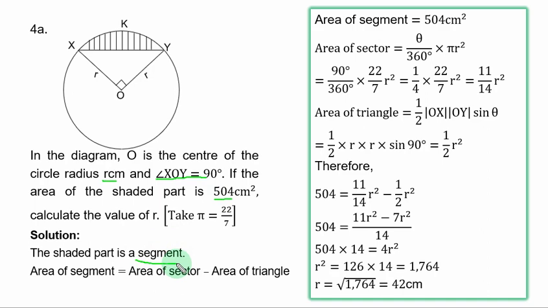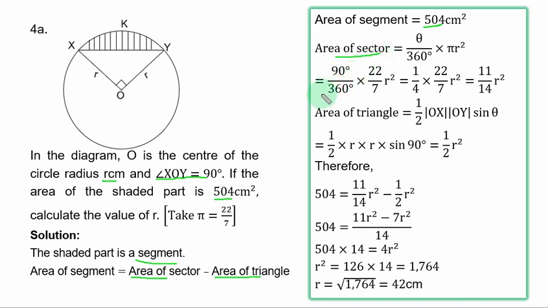Area of segment is equal to area of sector minus area of triangle. The area is given as 504. Then let's get area of sector. Because we don't know the radius, the area of sector will be expressed in terms of r. So the angle is 90 degrees.